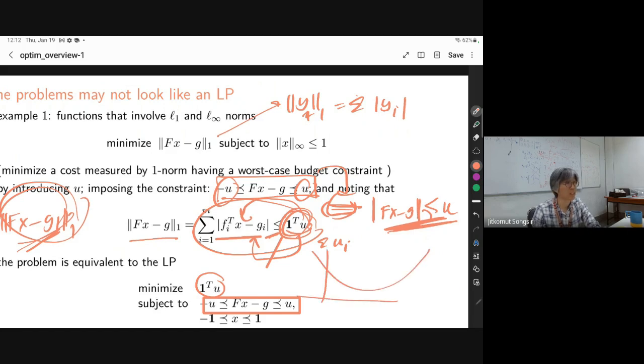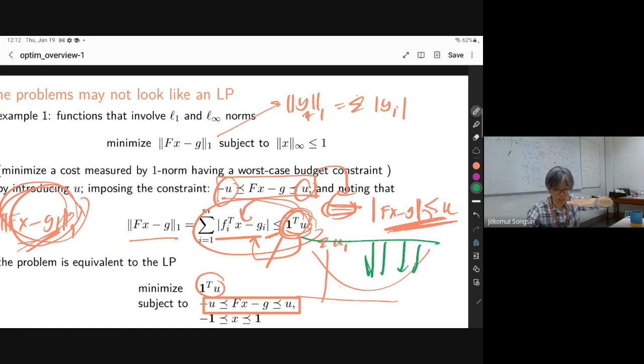Like you have this function, and you have an upper bound for it. You enforce this upper bound relationship to be maintained, and then you try to suppress the upper bound.